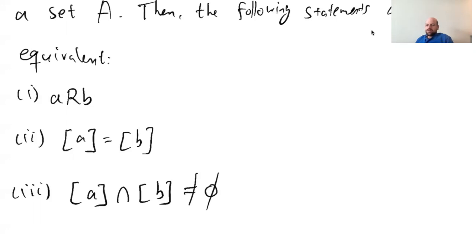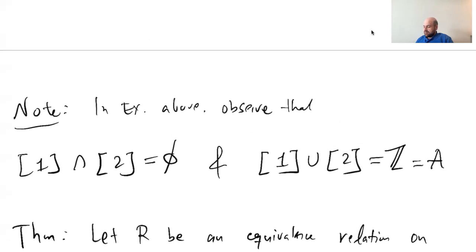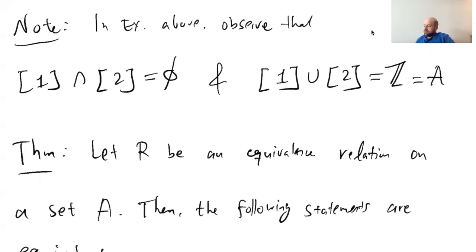So for an equivalence relation, when you consider two equivalence classes, either they are equal, or if they are not equal, their intersection will be the empty set. Similar to what we saw here, see? Two distinct equivalence classes, their intersection is empty.